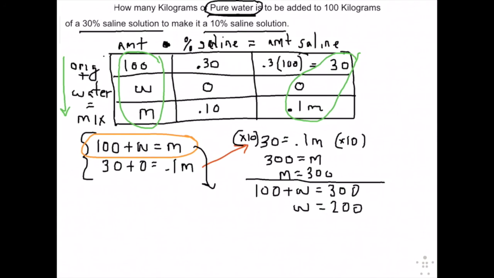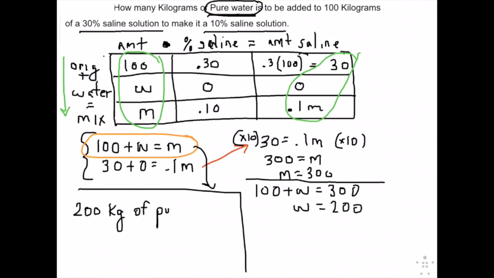So the question says, how many kilograms of pure water do I need to add? And I would say 200 kilograms of pure water. And that is my solution. So as a recap, the first column and the last column are where our equations come from.